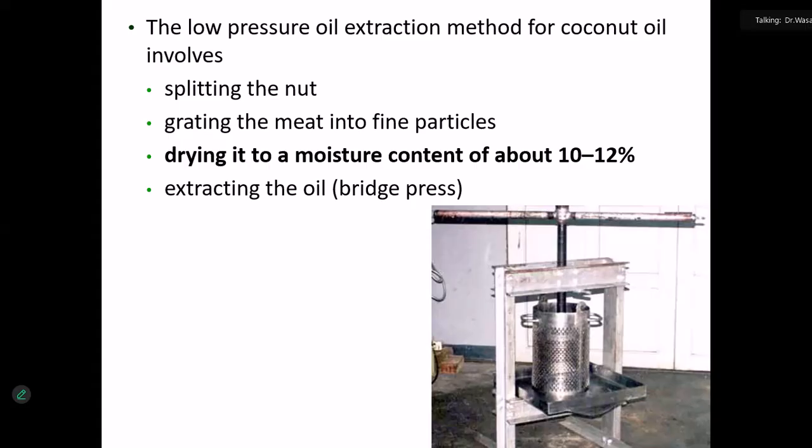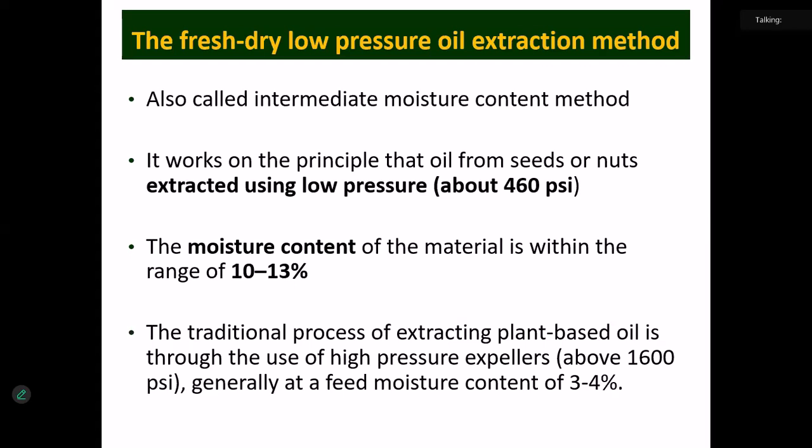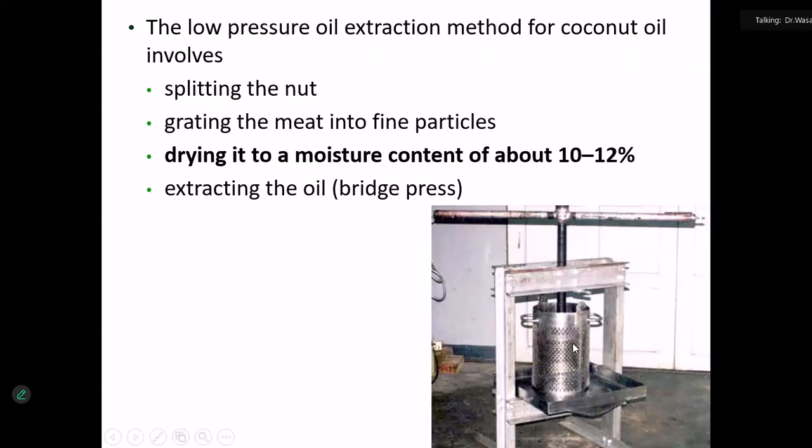They have developed this instrument, that is the low pressure oil extraction method. You can use that at home level, domestic level, even for a single coconut or double coconut. 2 capacities.